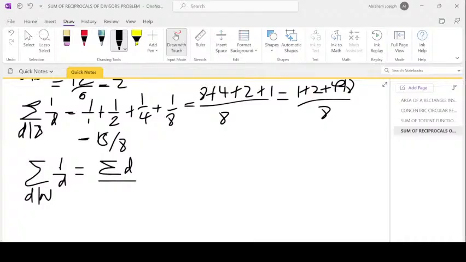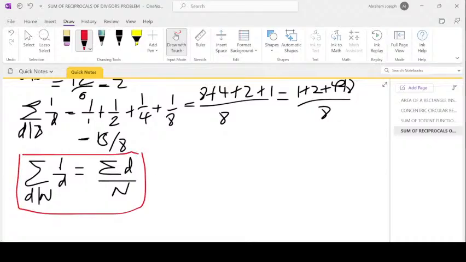The number itself that we are looking at, which is n. So this is a nice formula that we just arrived at. Of course, there are rigorous proofs in number theory, but our focus is not to bore you with so many proofs, but just to give you straightforward, simple, fun-loving mathematics.